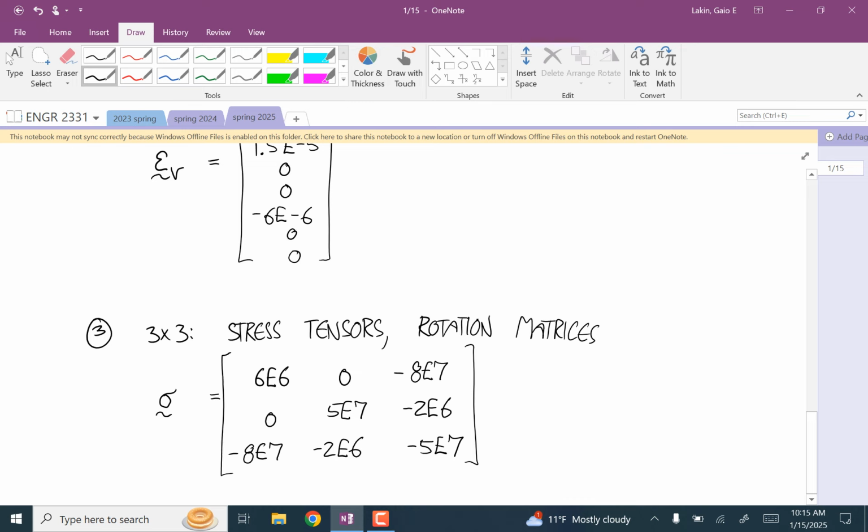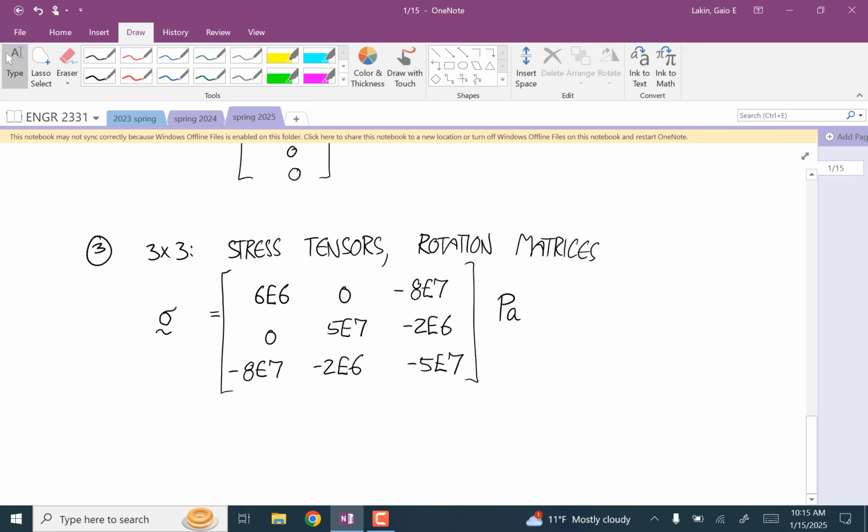And the SI units for stress are pascals, like units of pressure. We'll also a lot of times report stresses in megapascals or even gigapascals. So be sure that you're clear on what unit you're using and make sure that you don't have a unit mismatch in your calculations.